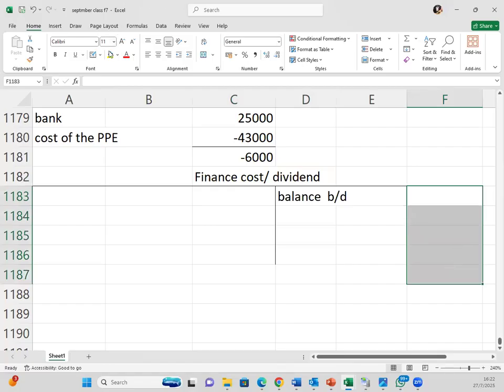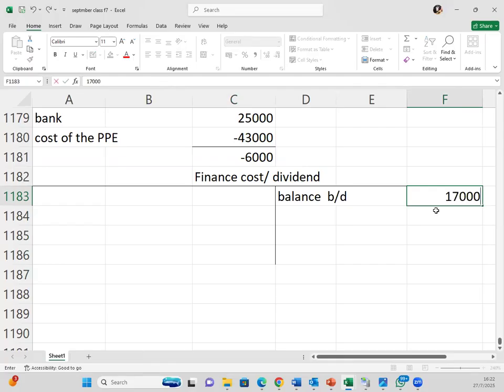So you get this in the balance sheet in the current liabilities section. They can tell you that there is an interest owing, or they'll give you the finance cost under liabilities. So that is the opening balance. Let's say on our liabilities, we had 17,000 as a finance cost.